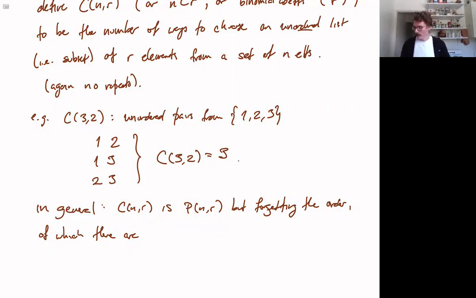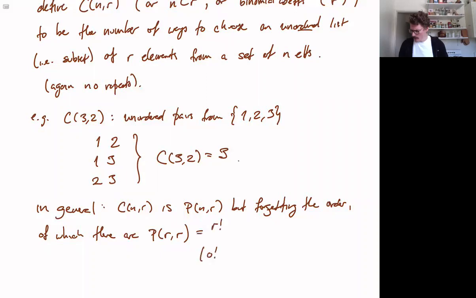How many orderings are there for each subset of r elements? Well, there are P(r,r) of those. This is just the number of ways to order r elements out of a set of r elements. So you're just taking all the elements and ordering them. And this, according to our formula, is r factorial over 0 factorial. So it's just r factorial.